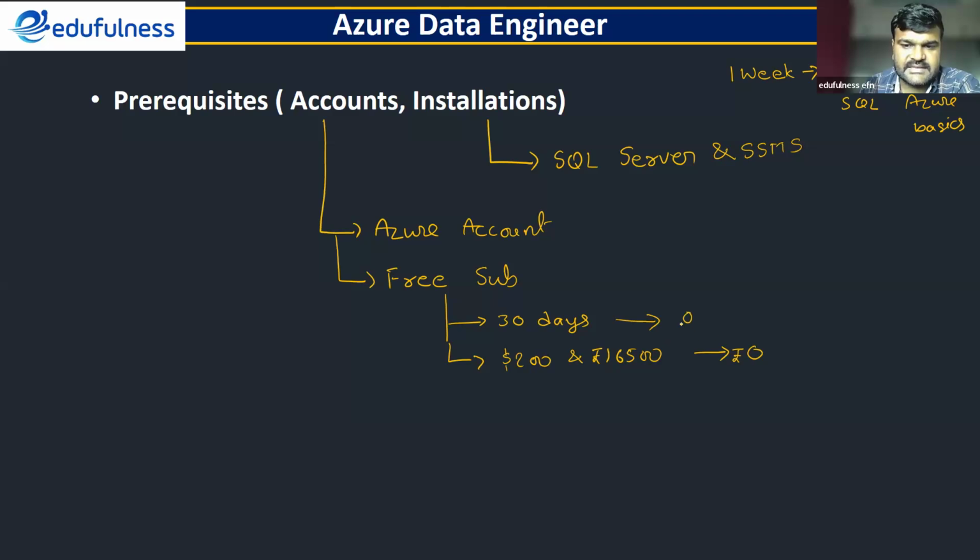If either is completed early, then your account cannot be used. Only the read option will be there. You cannot write, that means you cannot use the services. You can only see what you did. So it is a 30-day free trial with this much amount.